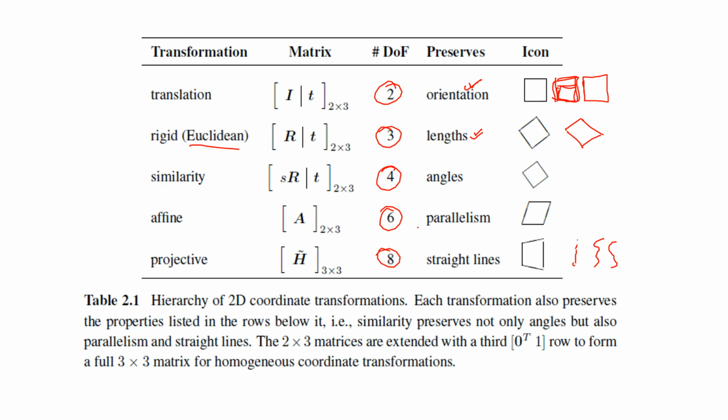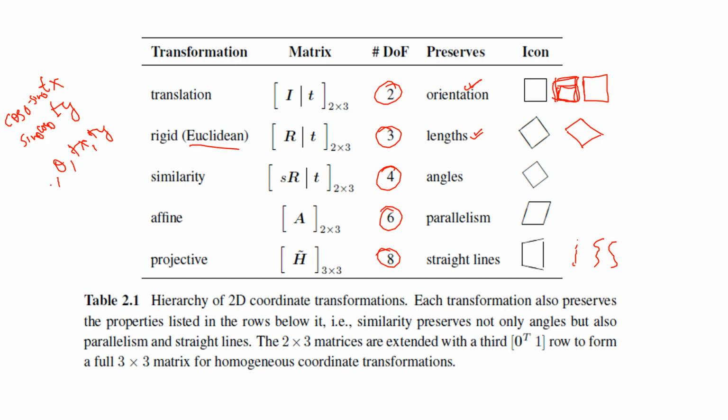Okay, so let us see the degree of freedom. In case of the translation matrix, we are representing Tx and Ty, so the degree of freedom is 2. In case of the rotation matrix, we have cos theta, minus sin theta, as well as cos theta. So we have angle, Tx, Ty, so the degree of freedom is 3 here.